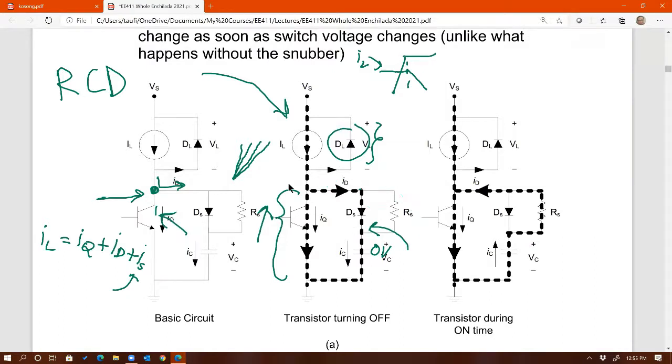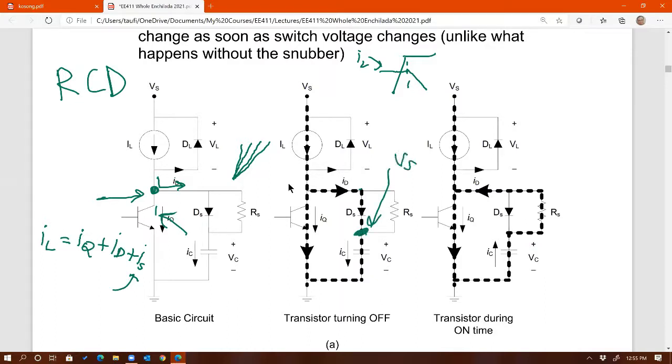Now erase this. So now you can see why I use these thick dash lines to show you how current flows when the switch is turning off. And this happens until this voltage reaches Vs, because this is 0 volt across the diode. That voltage is the same as that voltage, Vs, and that's also Vs right here.